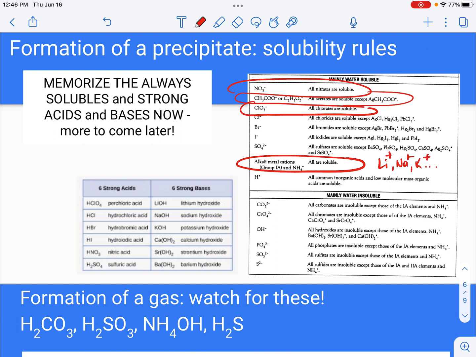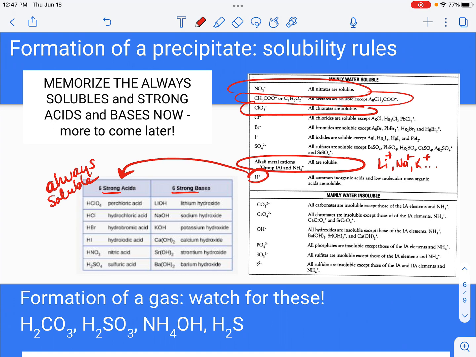Okay, and we're talking about the ions in solution. This means that in solution they will never combine. All of those are the only ones that are always soluble, except for your H plus ion when it's in a strong acid. These are also considered to be always soluble. Okay, so your strong acids and your strong bases are always soluble.